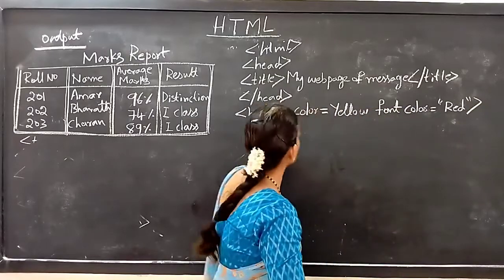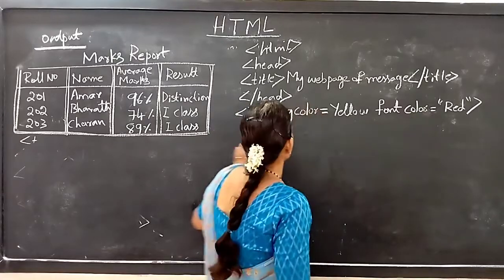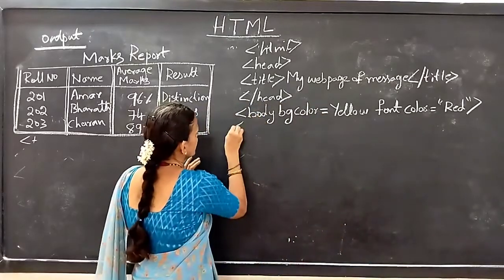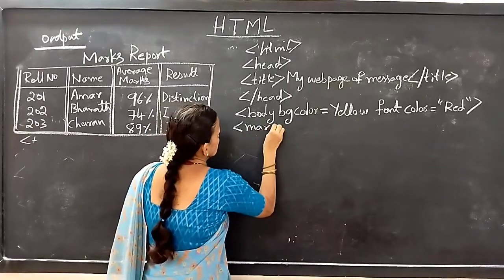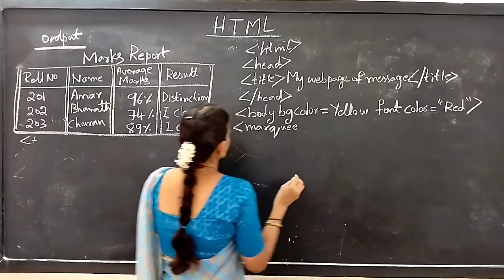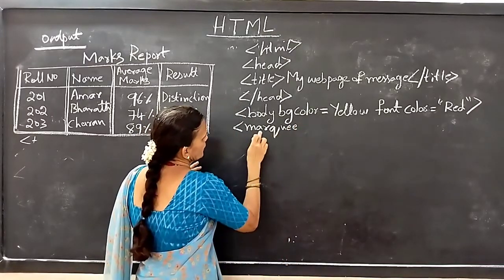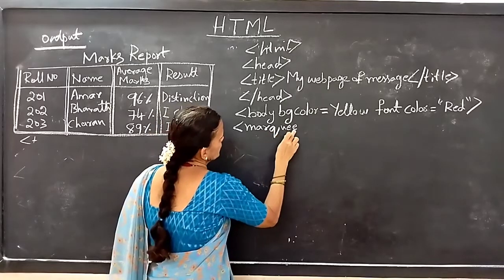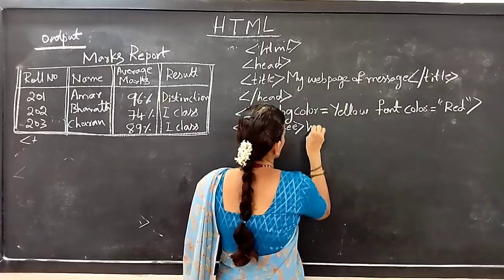We want the page color as yellow and font color as red, and we want to get the message welcome to our school. For that purpose we have to write the tag marquee. So what message do you want to give?